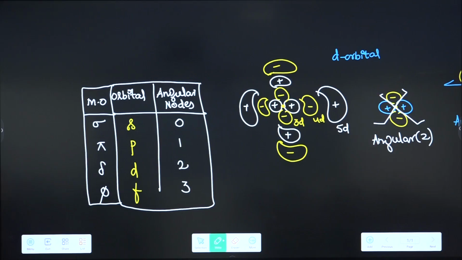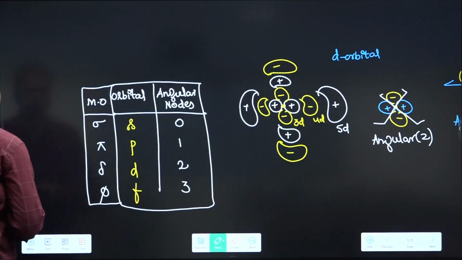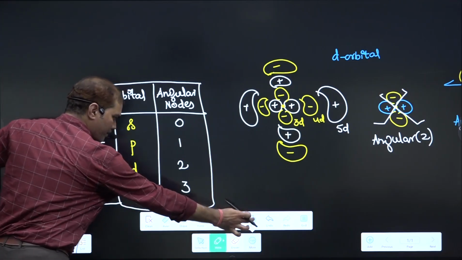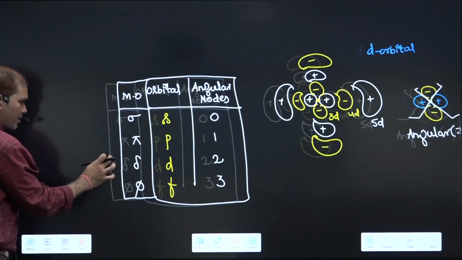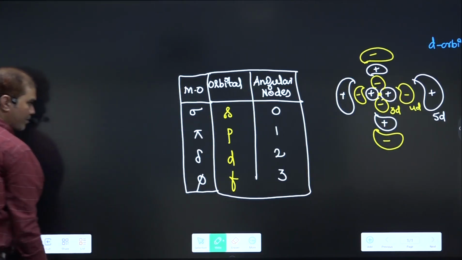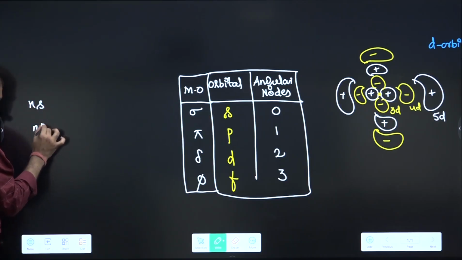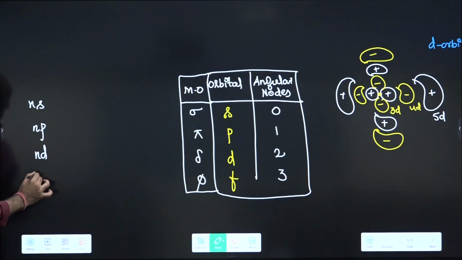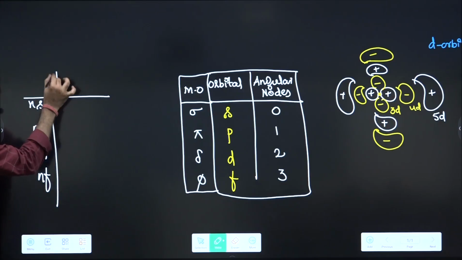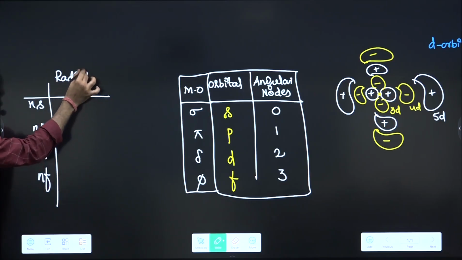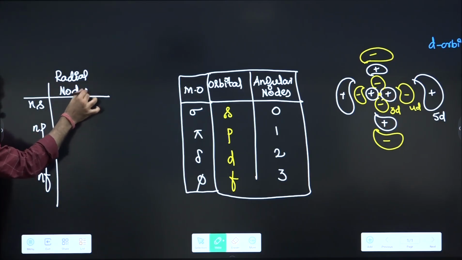How many nodes are present for delta star molecular orbital? What is your answer? How many? Delta star is 1.